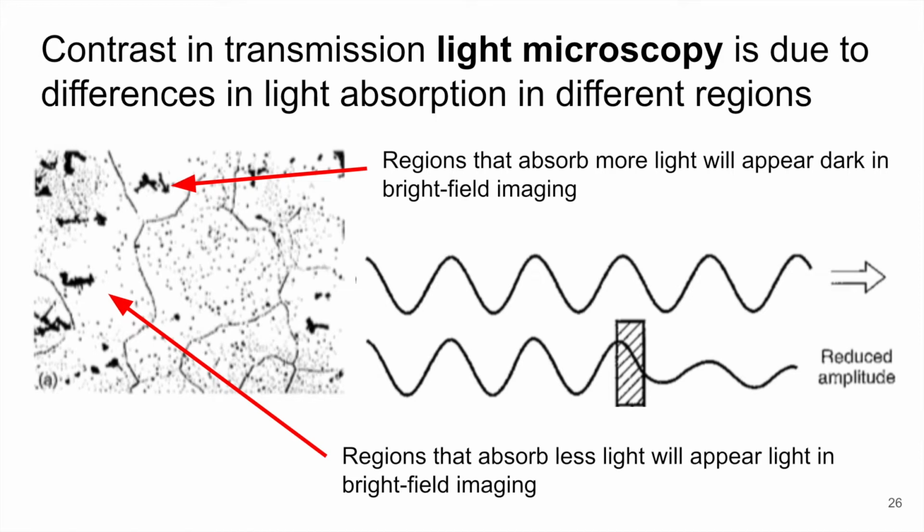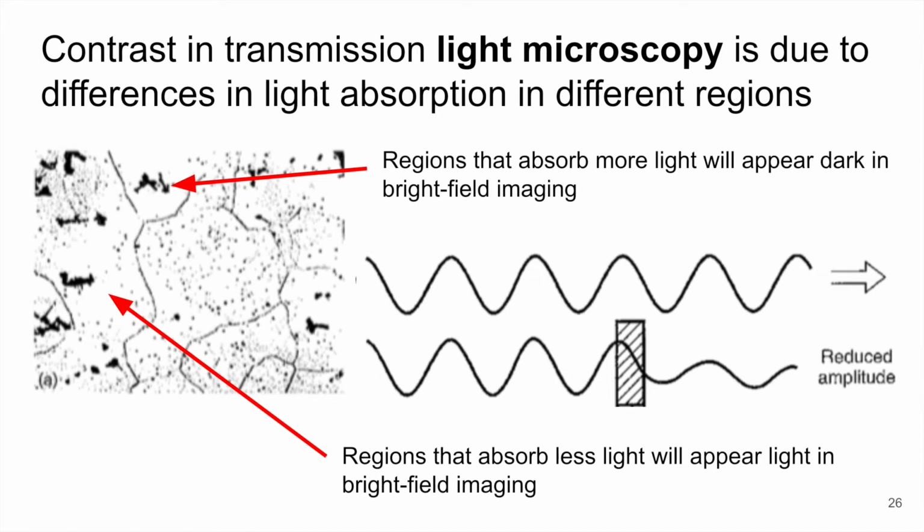In that case, we had differences in contrast from differences in the way that light is absorbed in different regions. So if we take this image here, then the light regions absorb less light, and so they appear light in bright field mode, whereas these other ones, like these particles or grain boundaries, absorb more light and appear dark in bright field imaging.